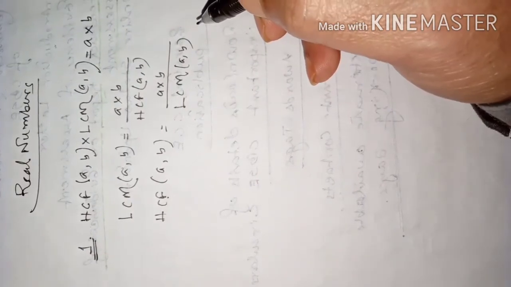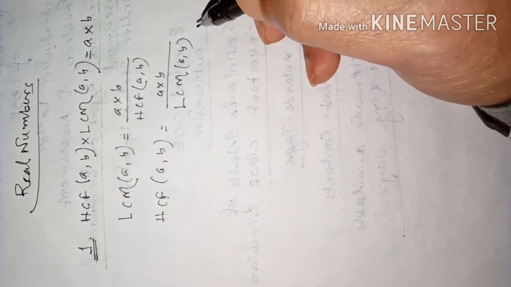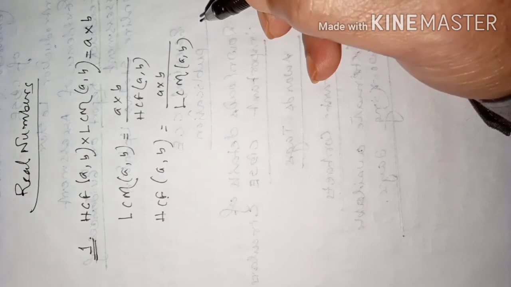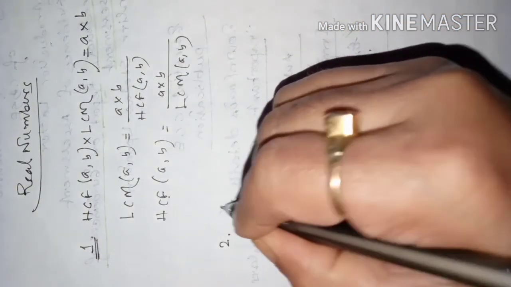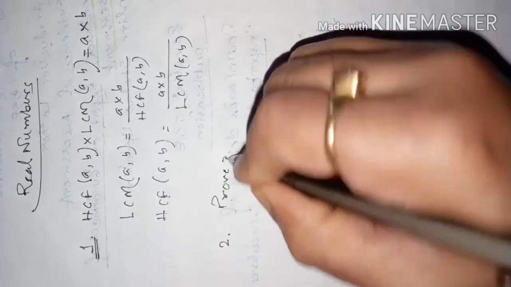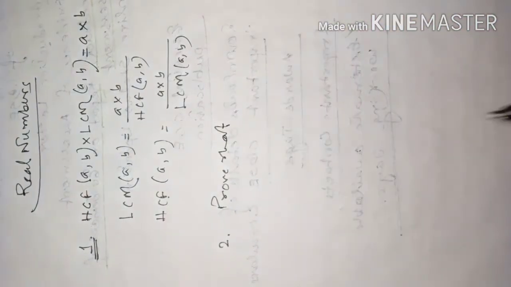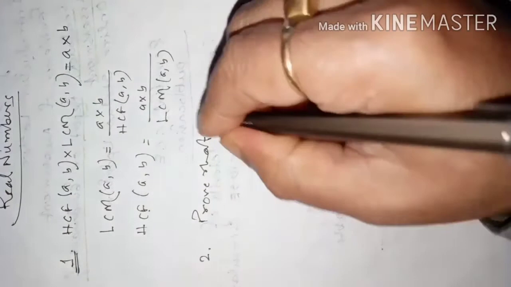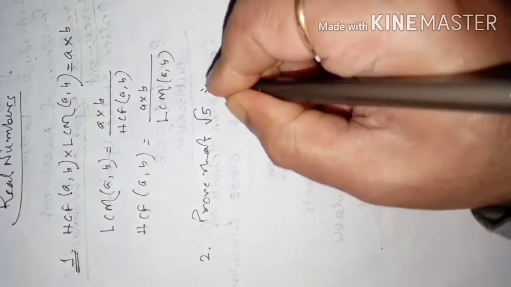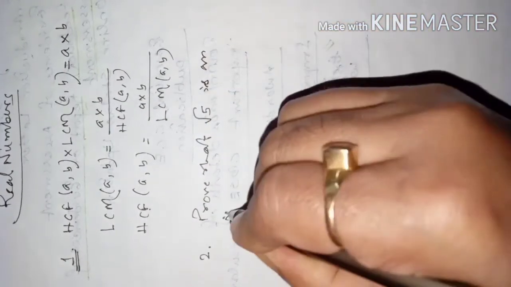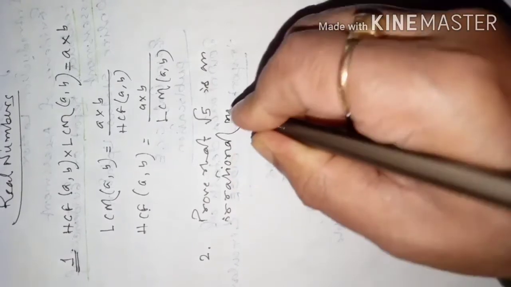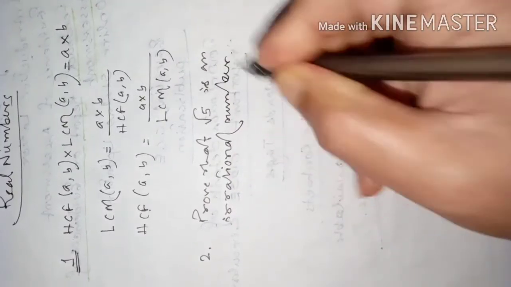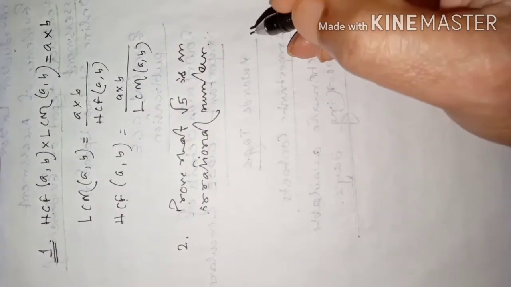In real numbers only, you will get a question like this: prove that root 5 is an irrational number.